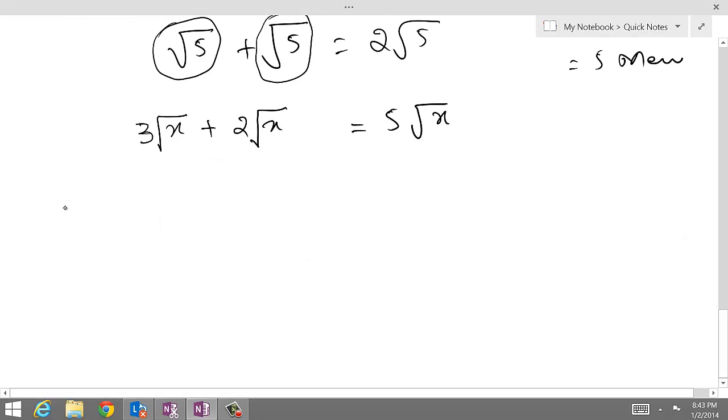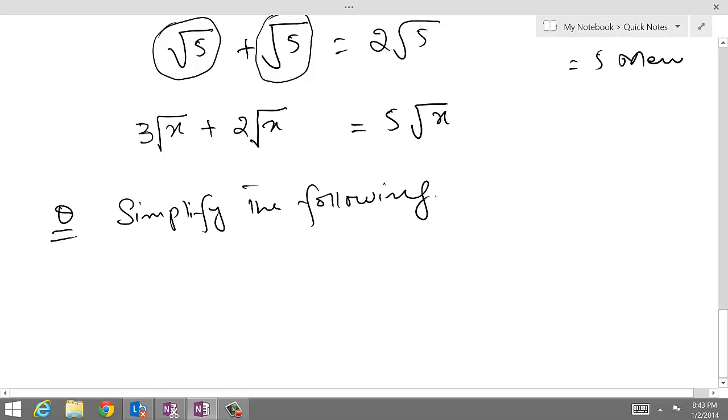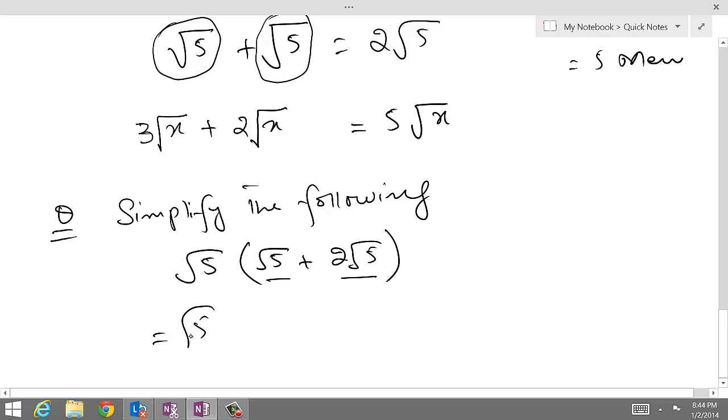Question: simplify the following, and that is under root 5 into under root 5 plus 2 times under root 5. Either we can add inside: under root 5 plus 2 times under root 5 would be like 1 man plus 2 men is 3 men.